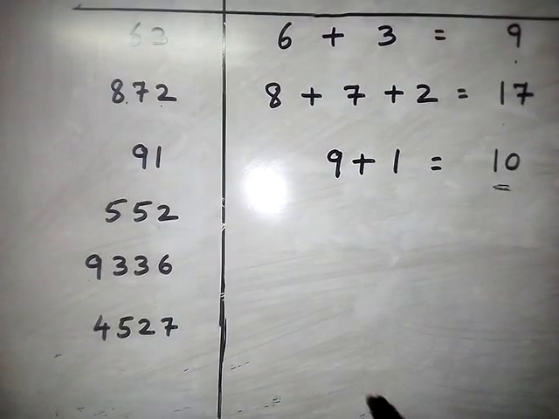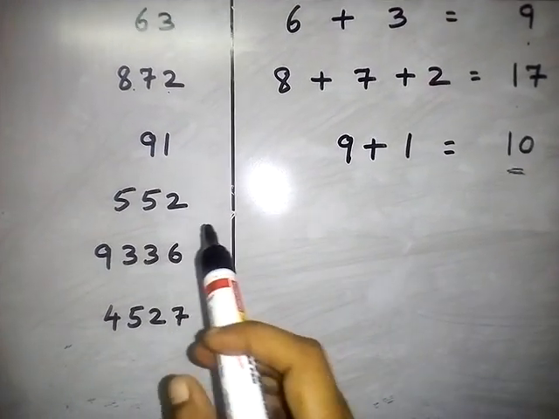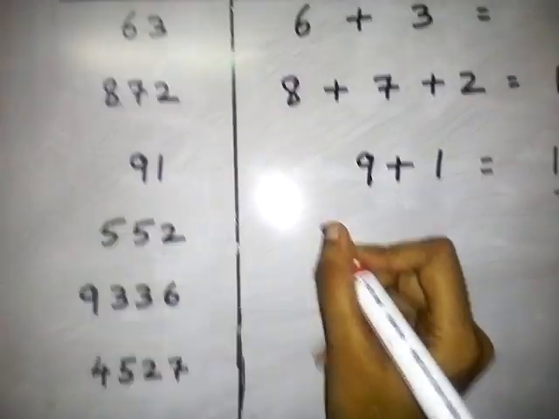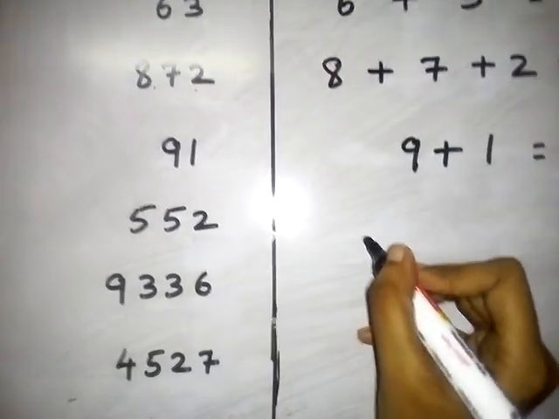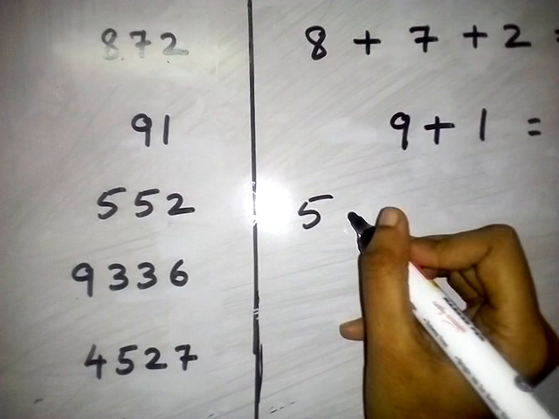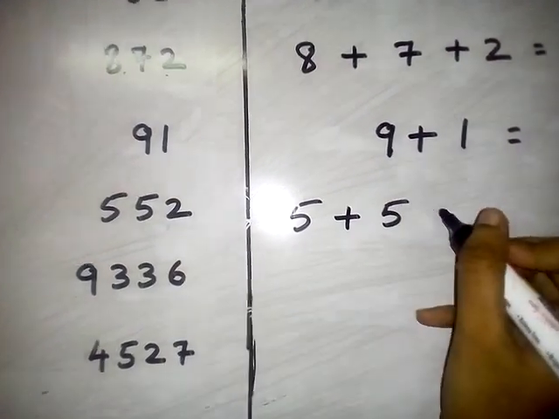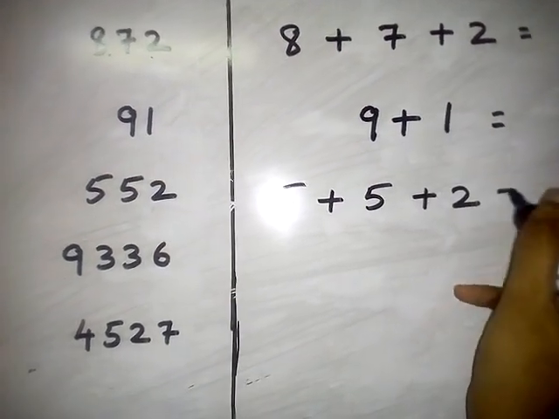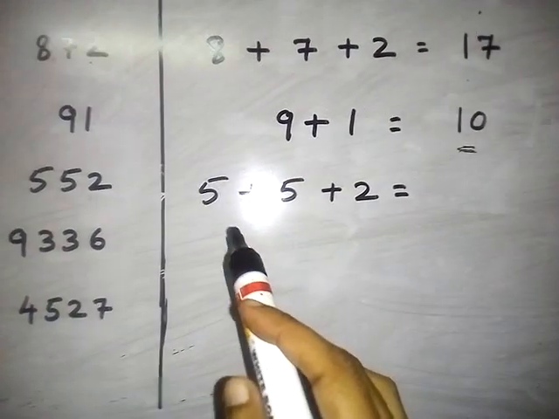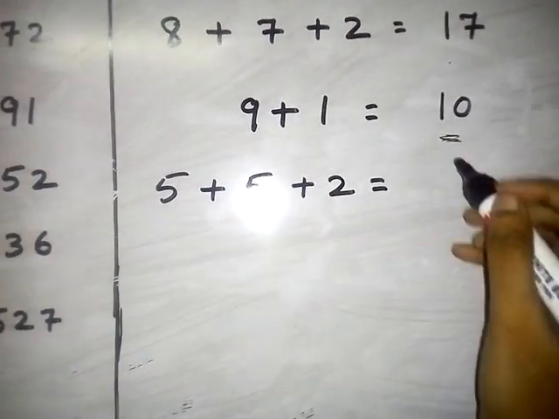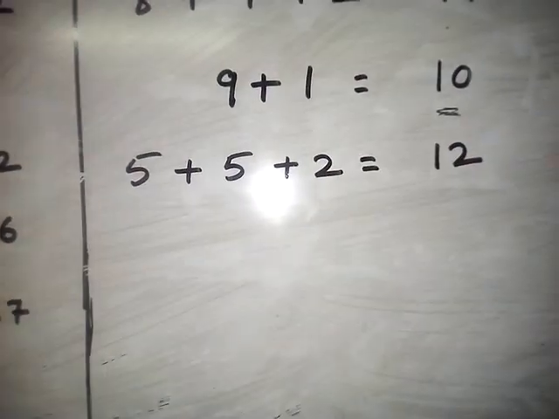Next one, 552. Write the sum of the digits in the number: 5 plus 5 plus 2. Add this. 5 plus 5, 10. 10 plus 2, 12. Okay.